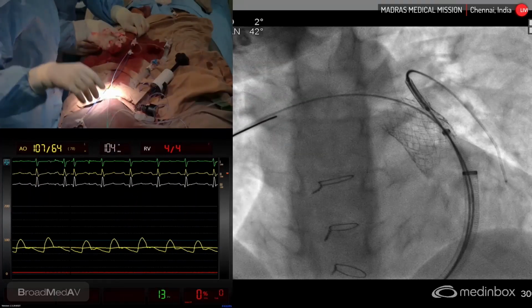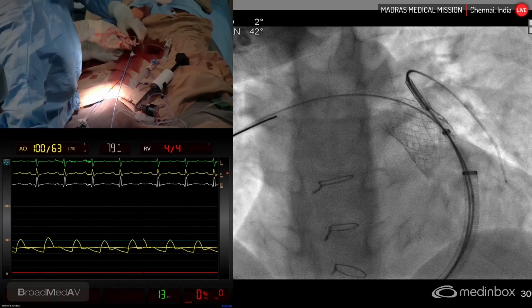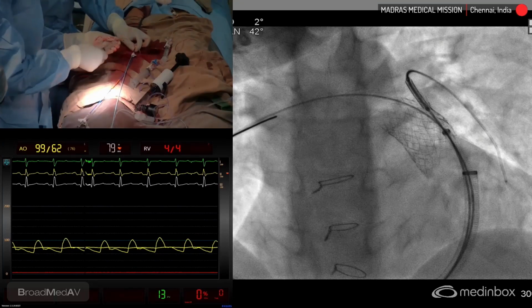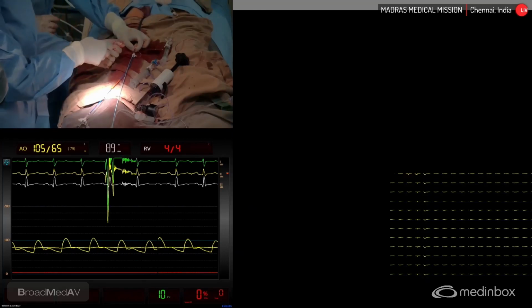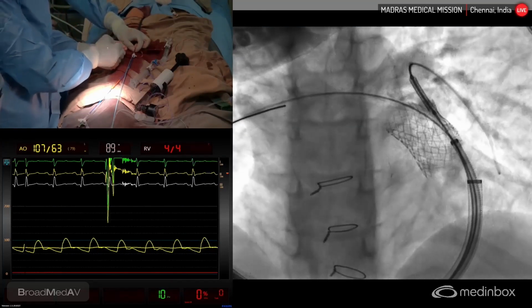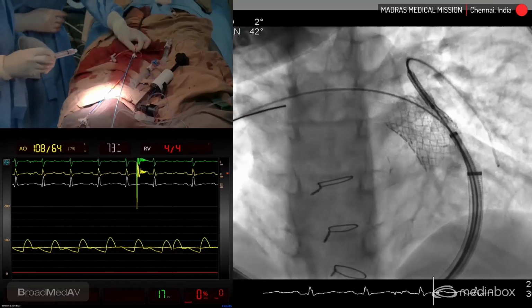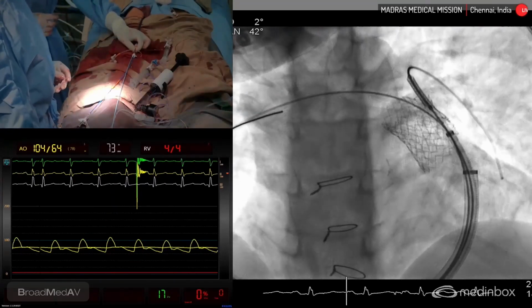Going to have an angiogram from the side arm of the 7 French sheath. So we are in the left pulmonary artery and partly protruding into the main pulmonary artery.